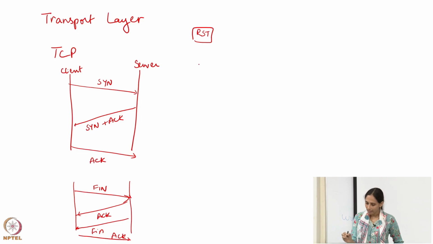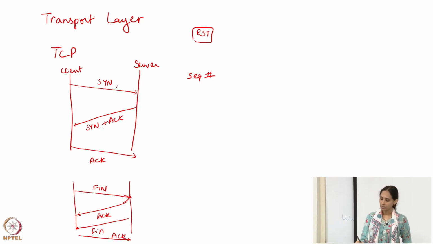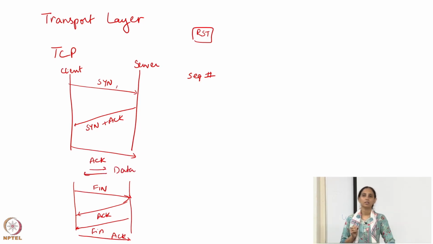Now, in the attacks that we are going to cover, you should be aware that there is a sequence number used in the TCP packets. This sequence number is there as part of SYN, SYN ACK, ACK, and afterwards in whatever data you are exchanging, the sequence number will be there as part of those data packets as well.